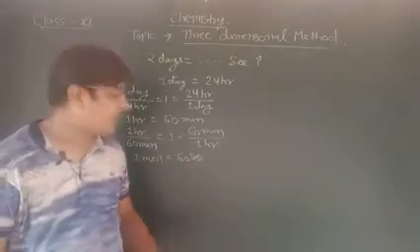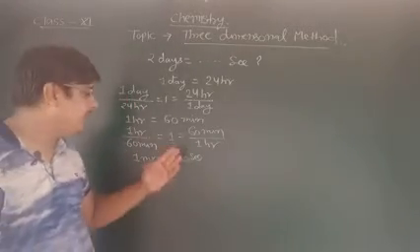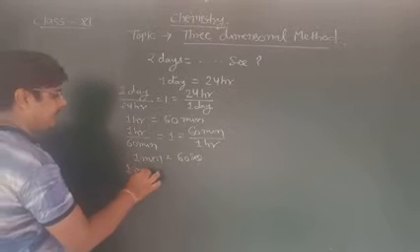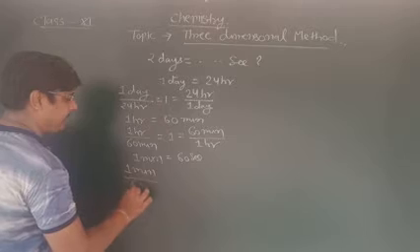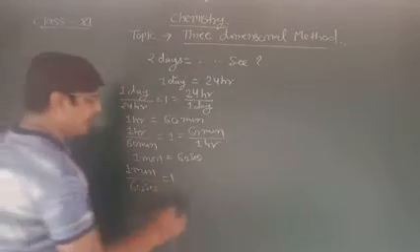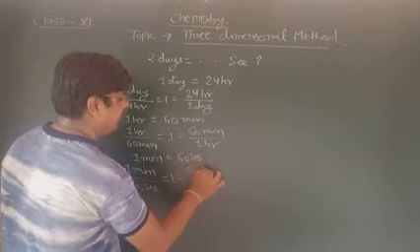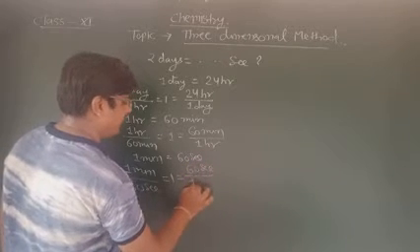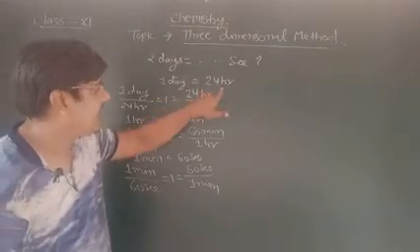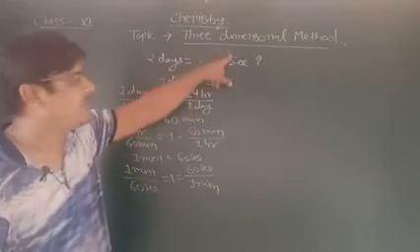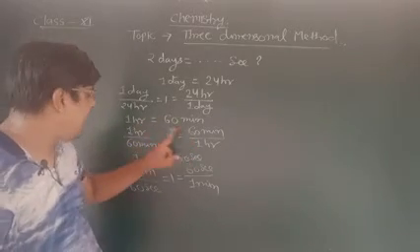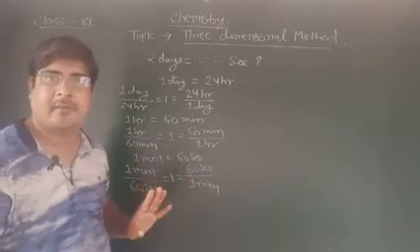So write it into the unit: 1 minute upon 60 seconds is equal to 60 seconds upon 1 minute. So first you convert day into hour by this three-dimensional method, then hour into minute, then minute into second.